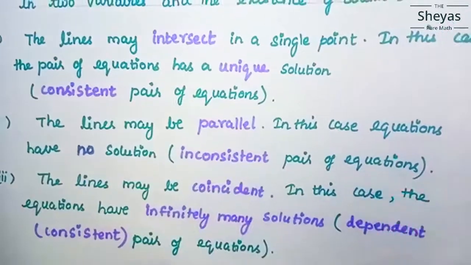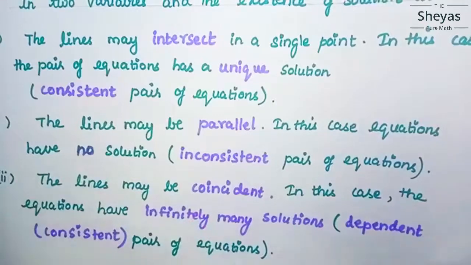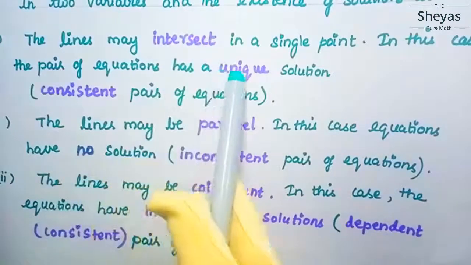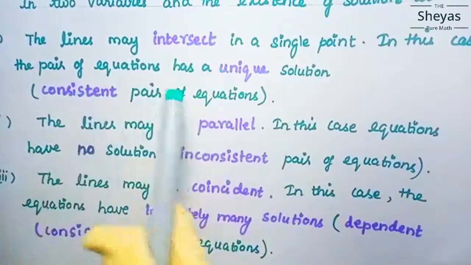Now in the third case, the lines may be coincident. Coincident means one line lies on the other line. So in this case, the equations have infinitely many solutions. We can call them a dependent consistent pair of equations. So if the lines intersect, it has a unique solution and the pair is consistent.